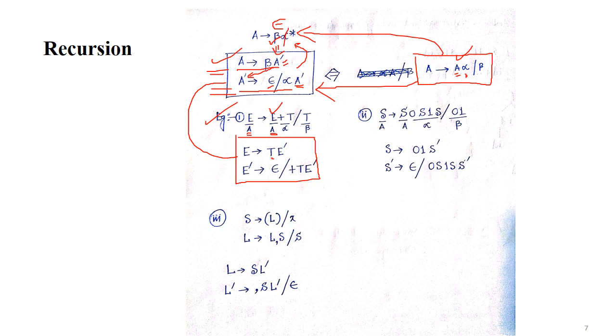Because the first symbol of this modified grammar's production is beta. So in this case I have T, then A dash, A dash means E dash, and then E dash generates epsilon, or alpha. What is alpha here? Plus T. Plus T is your alpha, then A dash, A dash means E dash. Got it? So now we will see one more example.